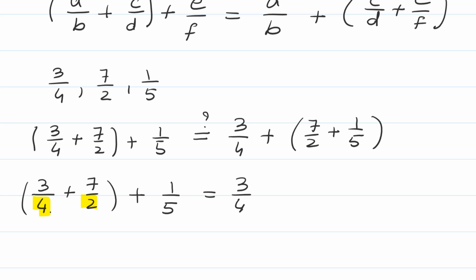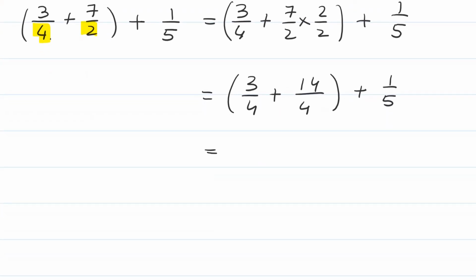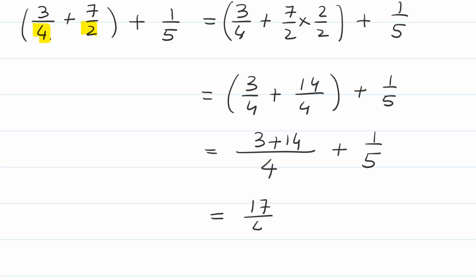So 3 by 4 plus 7 by 2 into 2 by 2 plus 1 by 5 is equal to 3 by 4 plus 14 upon 4 plus 1 by 5. That is equal to LCM is 4, 3 plus 14, 3 plus 14 is 17 upon 4 plus 1 by 5.